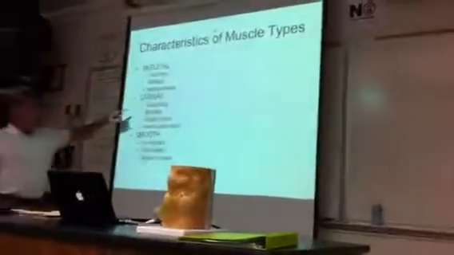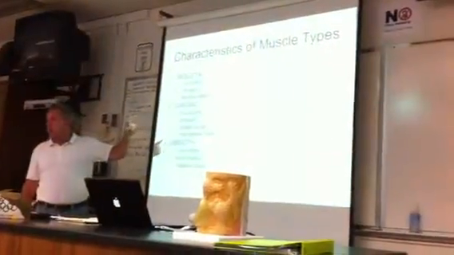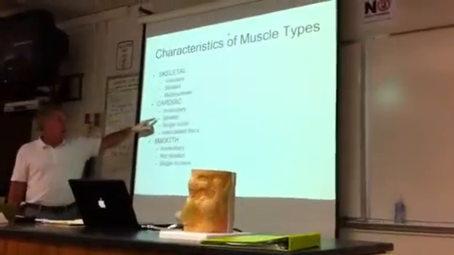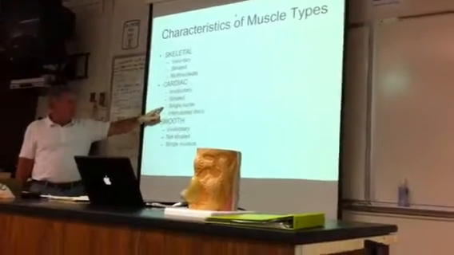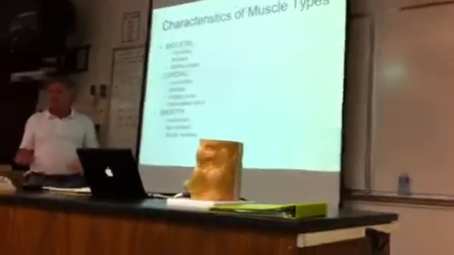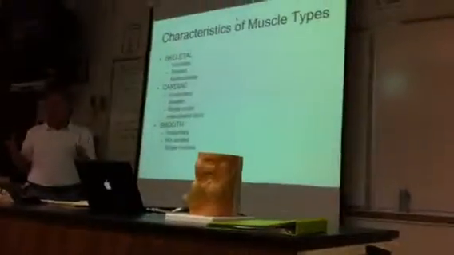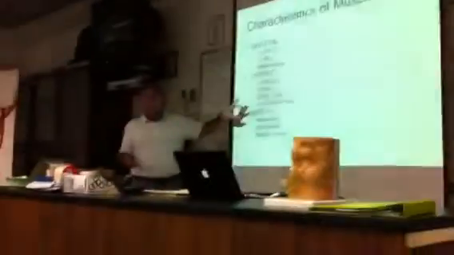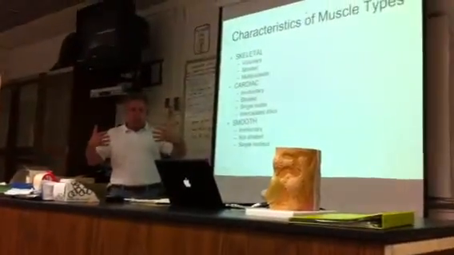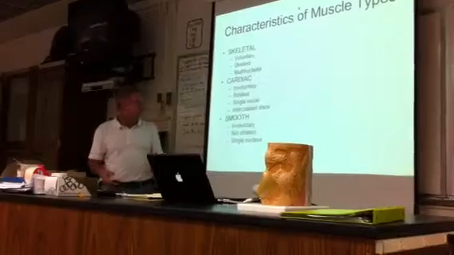Cardiac muscle is definitely involuntary. You can't tell your heart to quit beating. It does show striations, a single nucleus per cell, and also the little junctions between the cardiac muscle cells that you saw earlier in the semester, the intercalated discs, which allow the muscle to contract as a unit.